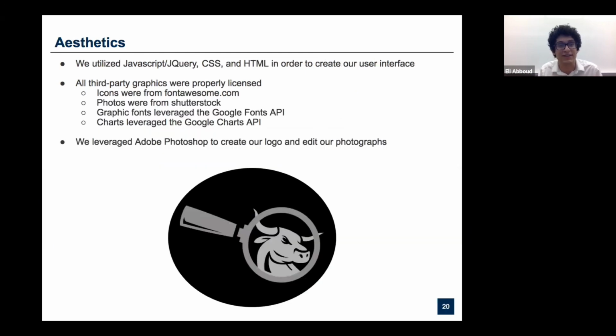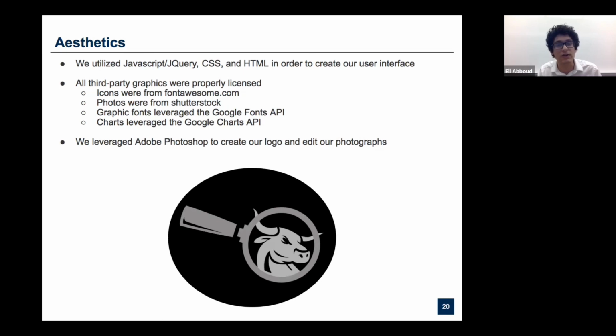And then finally, the aesthetics. So our user interface was implemented using JavaScript, jQuery, CSS, and HTML. And we used a hodgepodge of different types of graphics in this project as well. Our icons were from fontawesome.com. Our photos were from Shutterstock. Our graphic fonts that we used on the homepage were from Google Fonts.